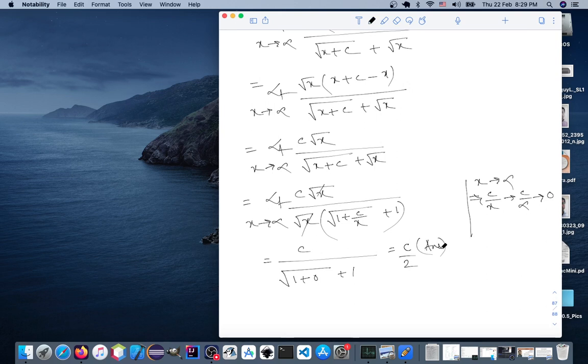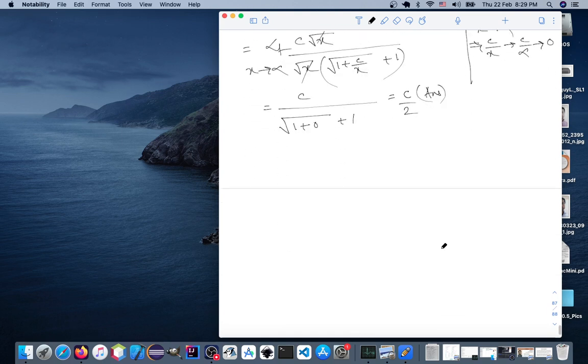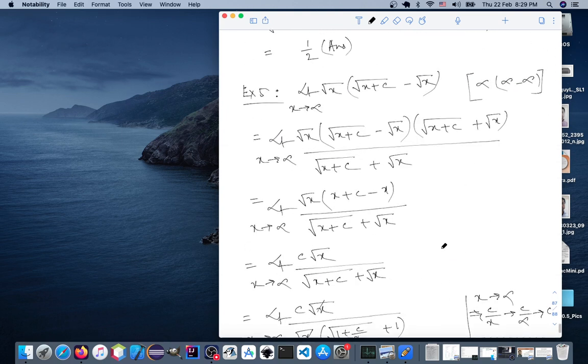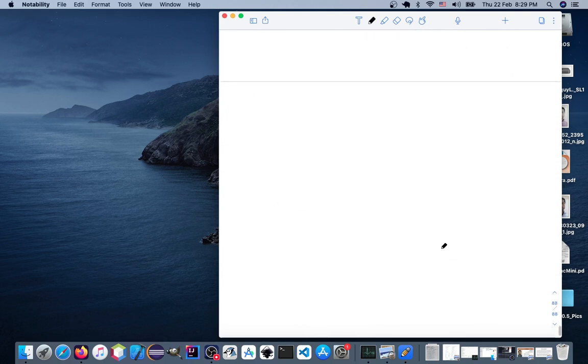Okay. We will do the final example. Example number 6. It says limit x tending to infinity root over 1 plus x to the power 4 plus 1 plus x square divided by x square.